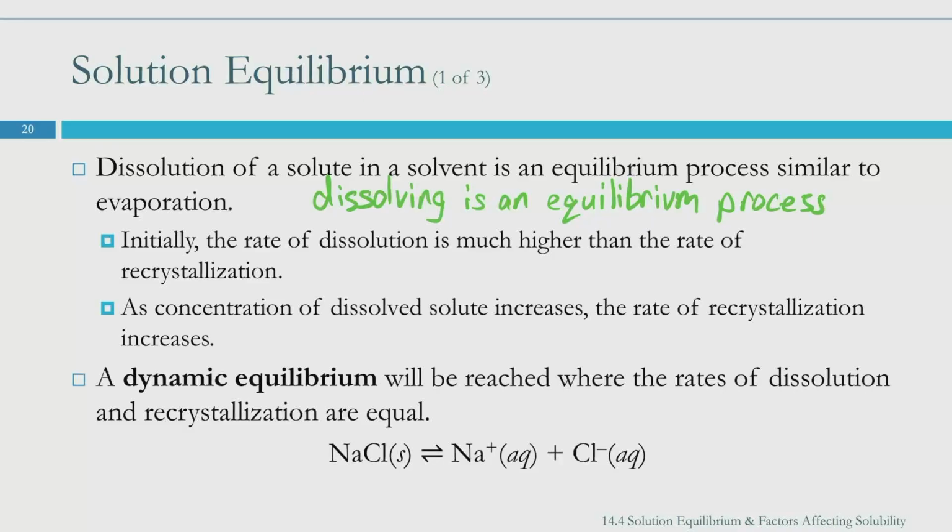So if we take water and salt, and we add a bunch of salt to our water, initially, how much salt is there in our water? Before we add the salt, there's no salt, right? But we know that salt dissolves in water.